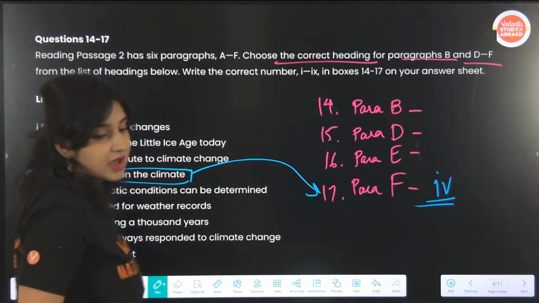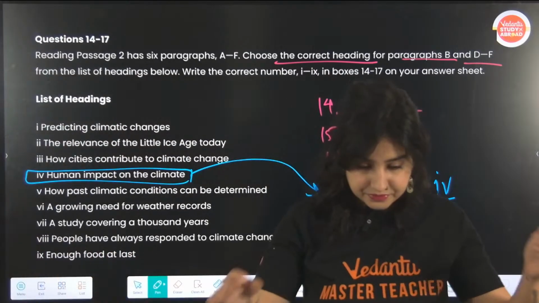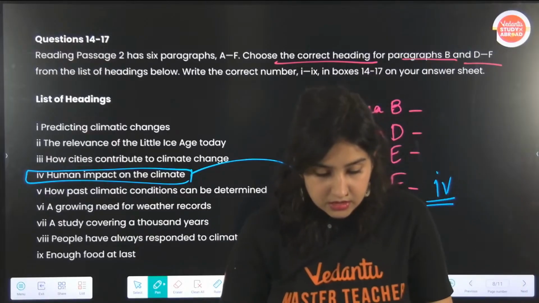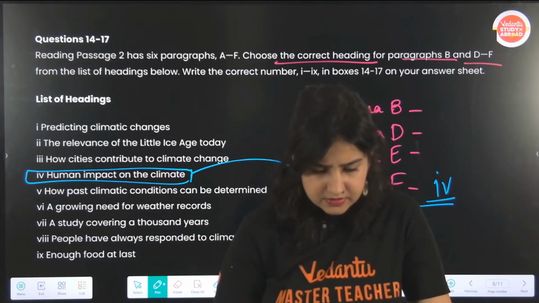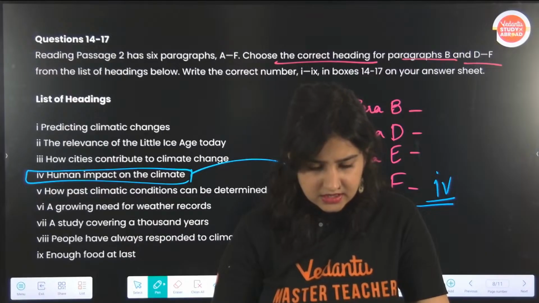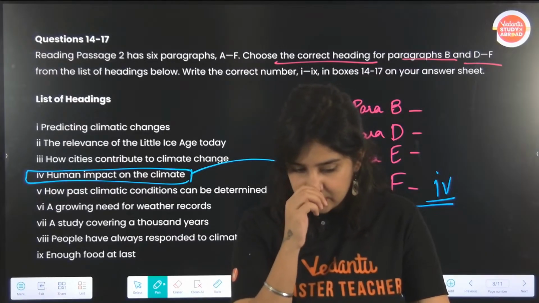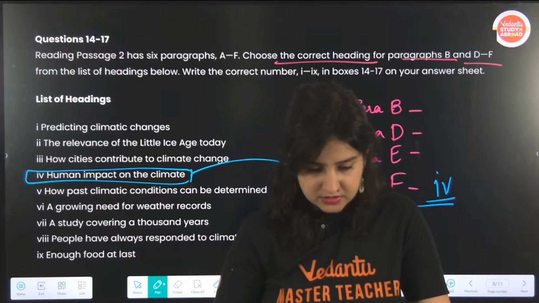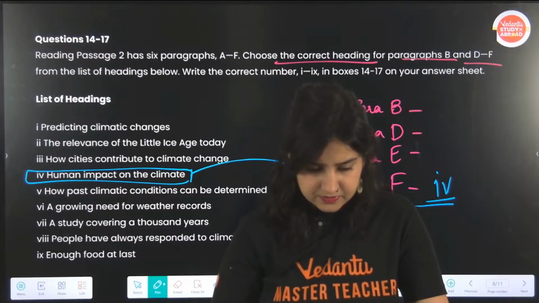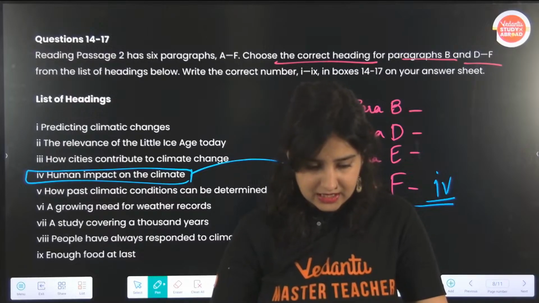Do we have answers? Okay. Para B, a study covering 1,000 years. People have responded to climate change. Enough food at last.